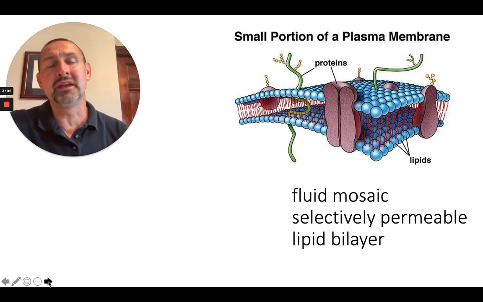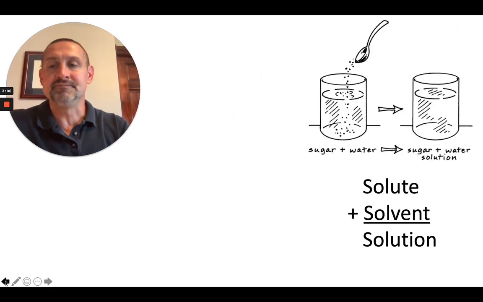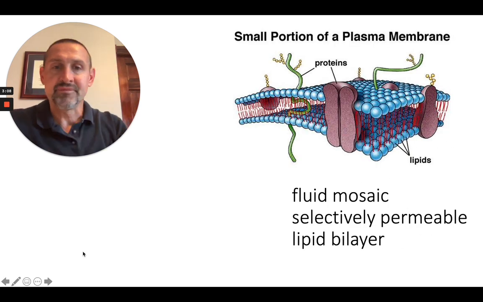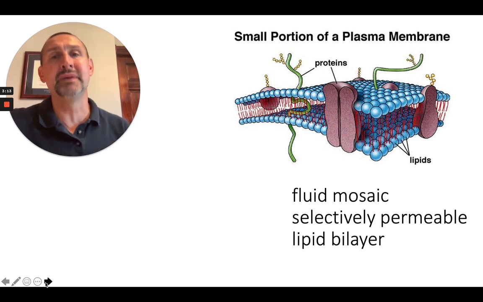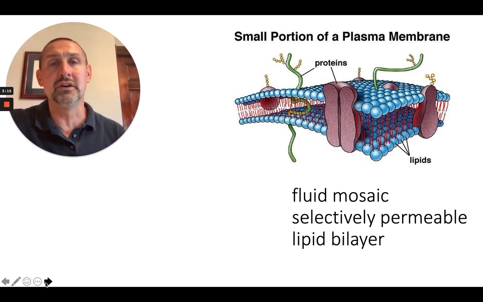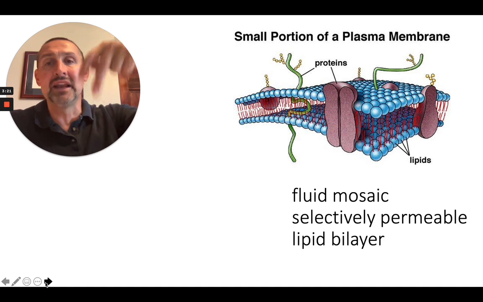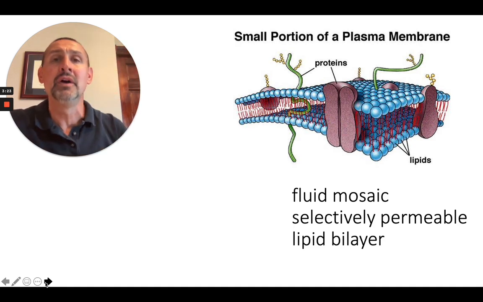The cell membrane is a lipid bilayer. That means it's made up of two layers of lipids. The blue represents a phosphate head, and the two red lines attached to each blue circle in that picture represent the lipid chains.